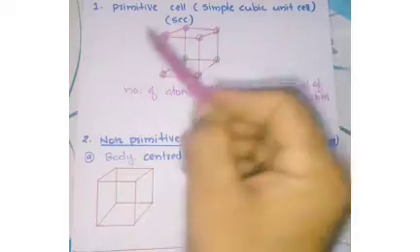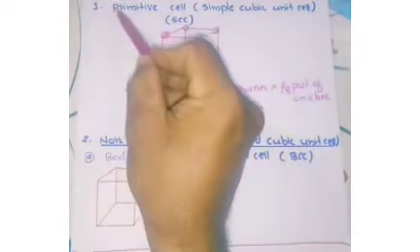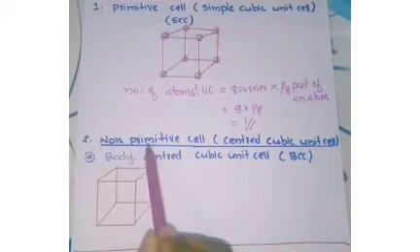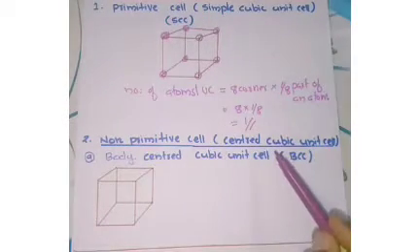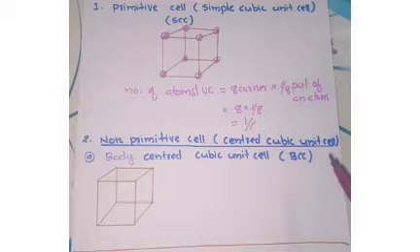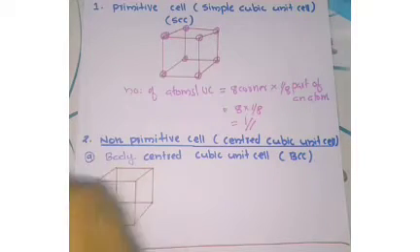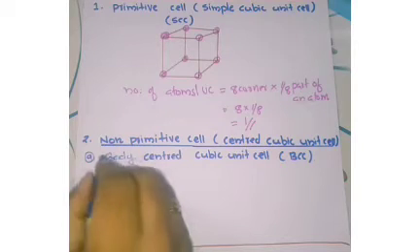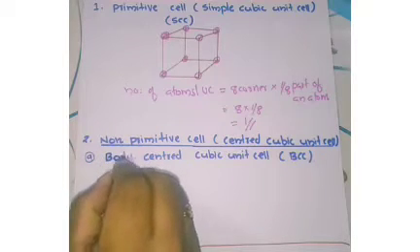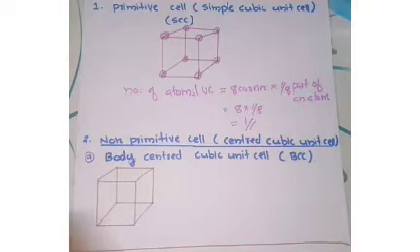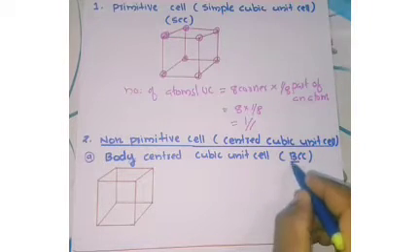Clear? Then the second one, non-primitive cell or centered cubic unit cell. First one, body-centered cubic unit cell, that is BCC.